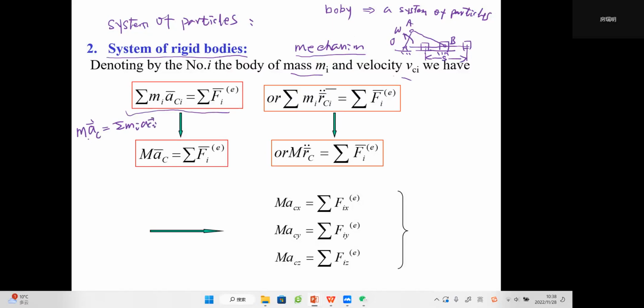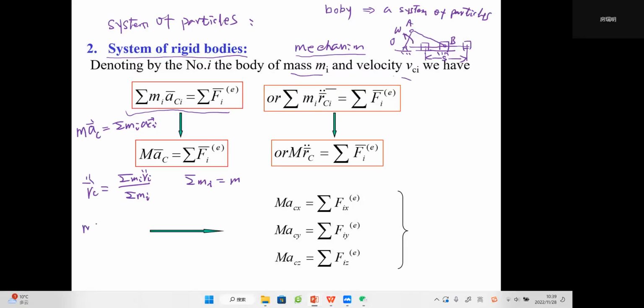Actually, I wrote this expression on the last page. Maybe I can write it again. Because we have r_C equals sigma m_i r_i over sigma m_i, and we just use the single M to denote sigma m_i. If we take the second derivative, with double dots, the left side will be a_C.